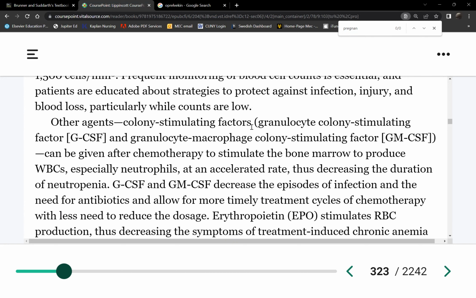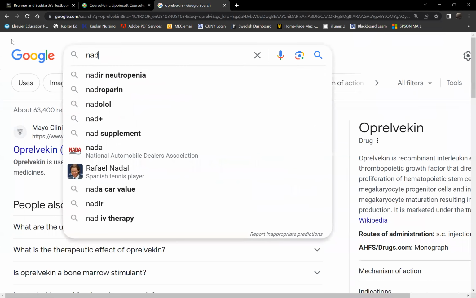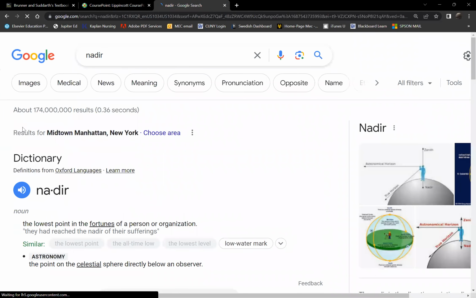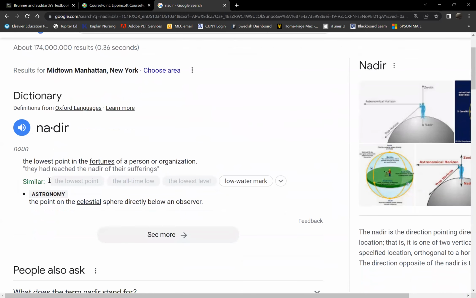Have you heard of the term nadir? Nadir is not really exclusive to the healthcare field. They use this noun also in politics or in engineering. What it means is the lowest number of something.